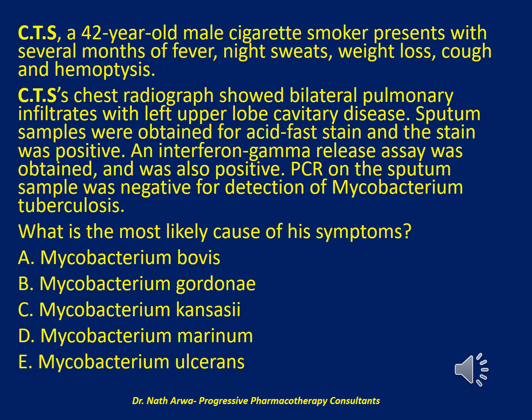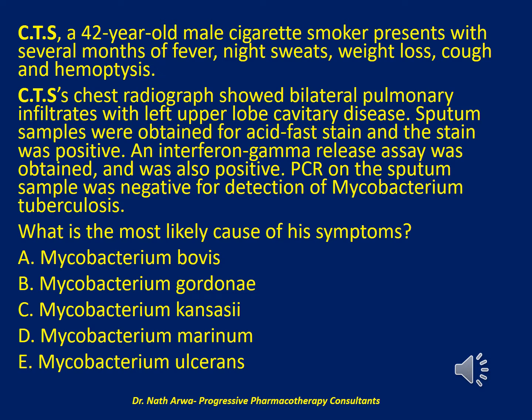And the next question reads, CTS, a 42-year-old male cigarette smoker, presents with several months of fever, night sweats, weight loss, cough and hemoptysis. CTS's chest radiograph showed bilateral pulmonary infiltrates with left upper lobe cavitary disease.